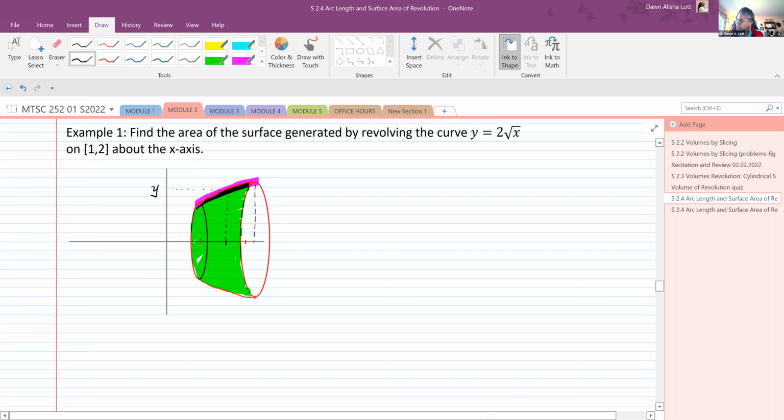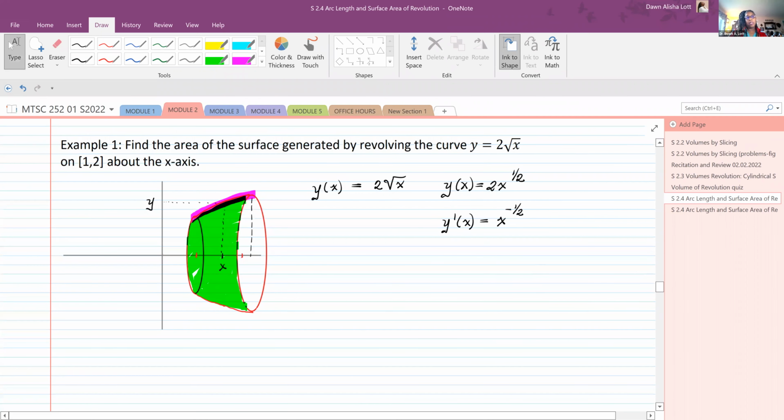So for any given x, that radius is y, but I know that y of x is equal to 2 times the square root of x. So y of x is equal to 2x to the 1/2 power. So actually, that's a really nice problem because y prime of x, which I'm going to need, is simply x to the negative 1/2.